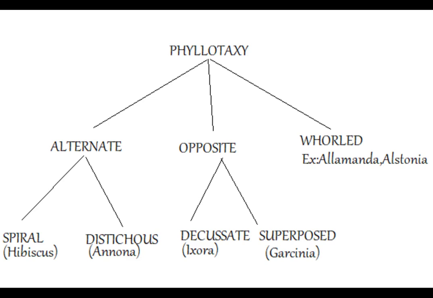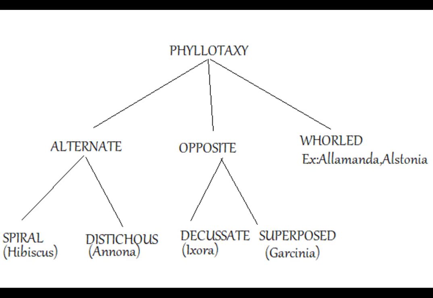There are two different types of alternate phyllotaxy: spiral and disticus. In spiral, leaves arranged spirally, example hibiscus. Whereas in disticus phyllotaxy, alternate leaves arranged in two rows vertically on two sides of stem, example annona. There are two different types of opposite phyllotaxy: decussate and superposed.